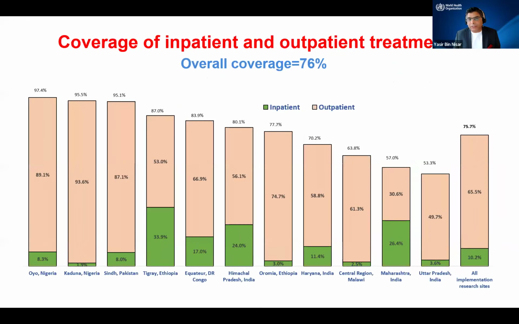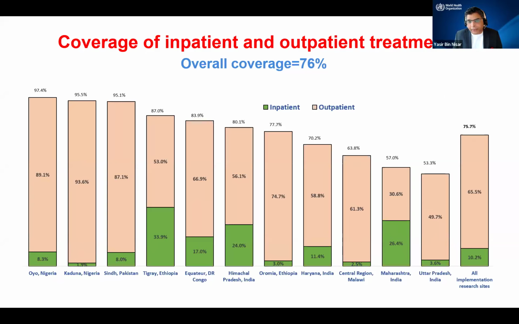So the second question which we asked during this implementation research was about the coverage of inpatient and outpatient treatment. So overall, we achieved 76% of treatment coverage based on the number of PSBI cases. We usually take incidence rate as 10% of having these signs of infection among all live newborns.